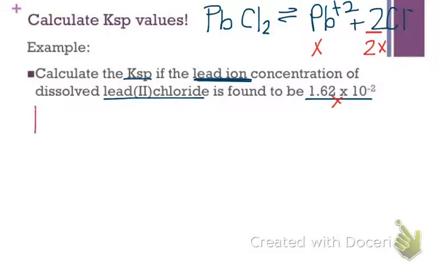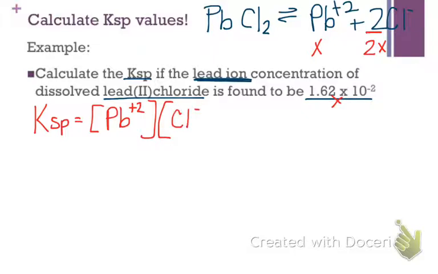So we know that the Ksp expression for this is the concentration of the lead ion times the concentration of the chloride ion squared. We have the concentration of lead, and because of stoichiometry, we also know what the concentration of chloride should be. So we can figure out the Ksp from here.